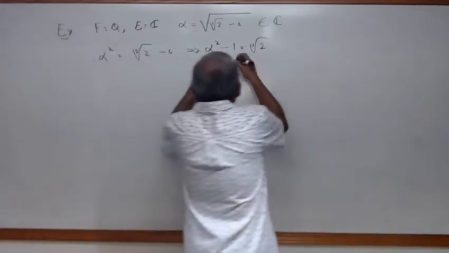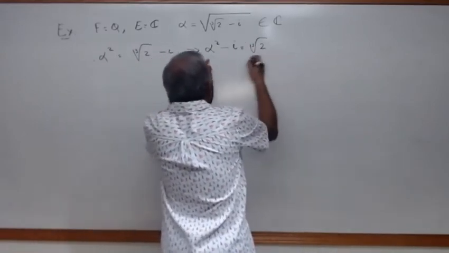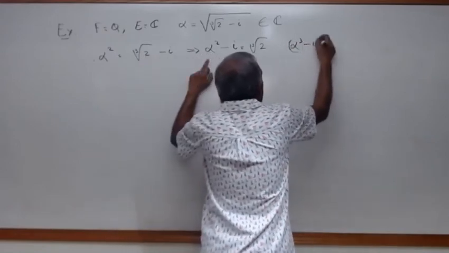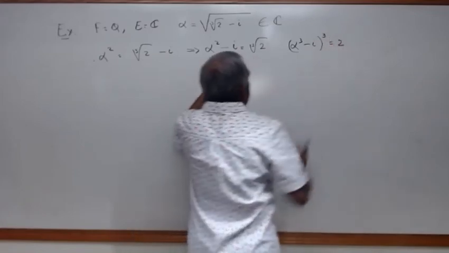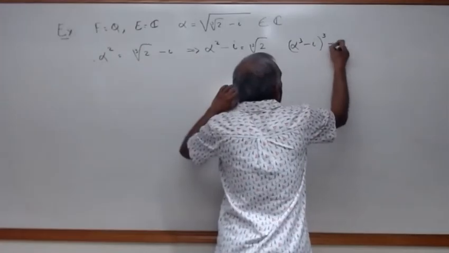So if you take the cubes, alpha square plus i whole cube equal to 2.